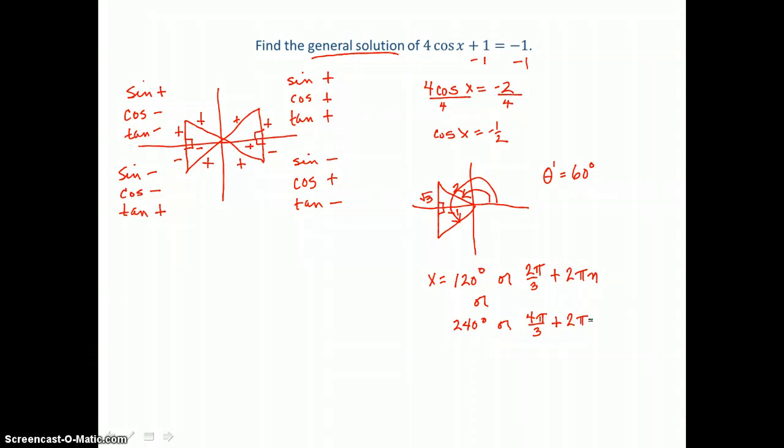N is an integer, so we can let n equal 0, 1, 2, 3, and so on, and we can travel that coordinate plane any number of times in the positive direction and get back to those terminal sides. We're naming coterminal angles, an infinite number of them.